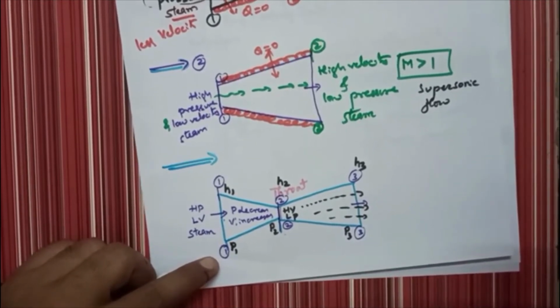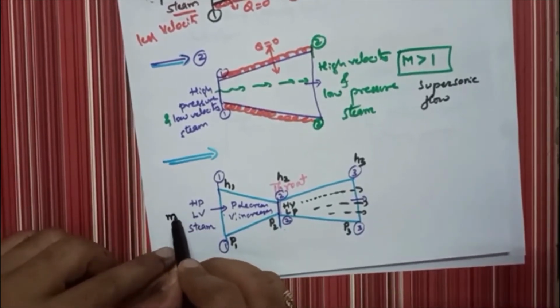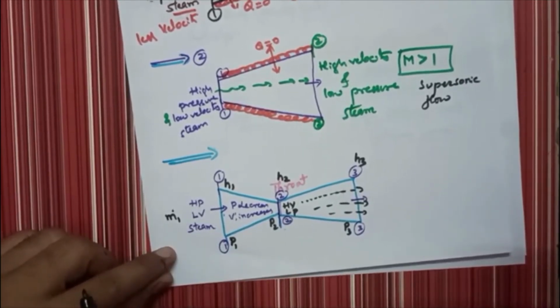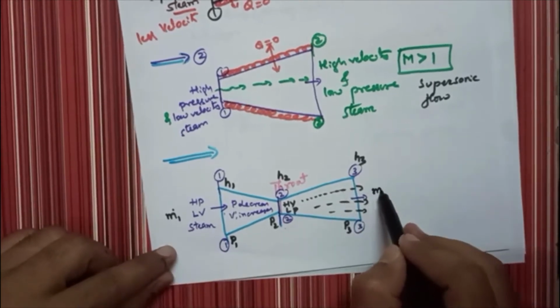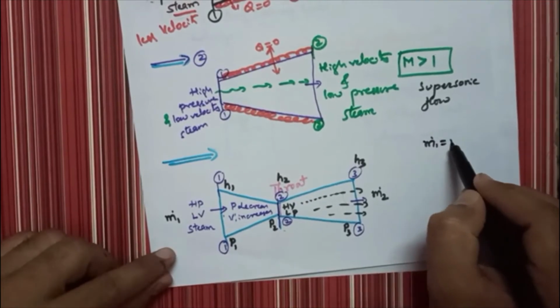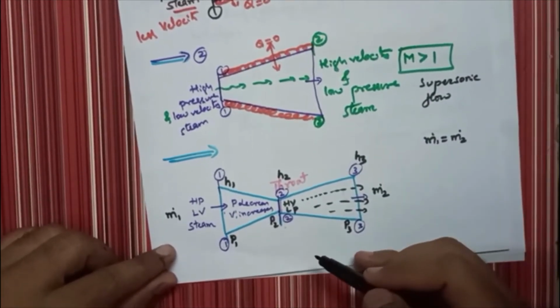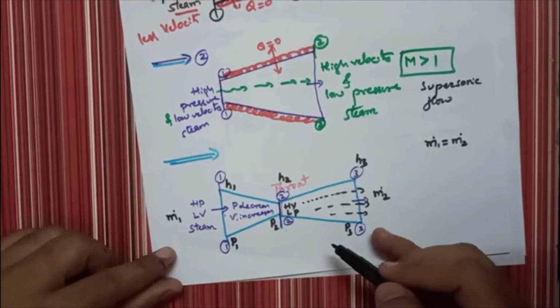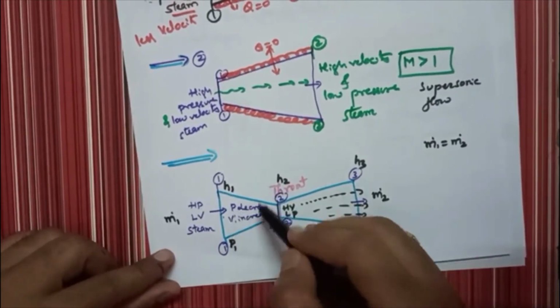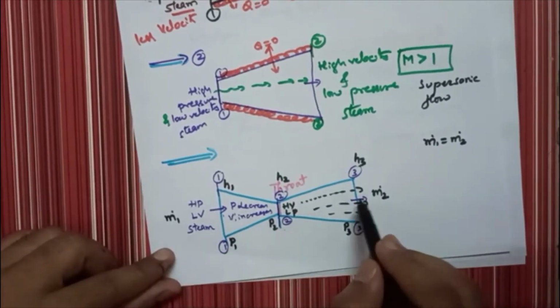Similarly, we assume that the mass of fluid entering the nozzle is equal to the mass of fluid, that is steam, coming outside. M1 dot is equal to M2 dot. What it means is there is conservation of mass. Mass is not going outside the nozzle through any passage, it only enters at the inlet and comes out.